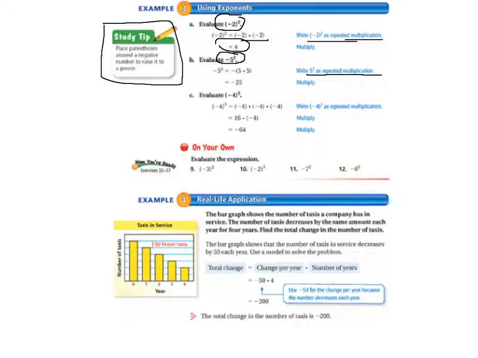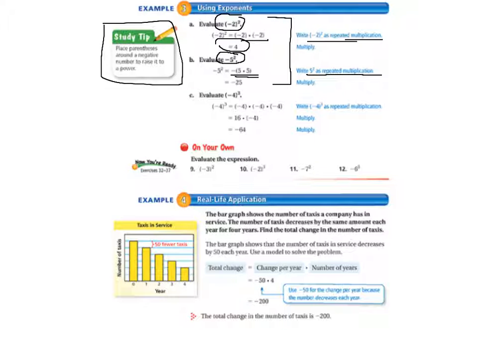So when we write 5 squared as repeated multiplication, we don't write each 5 in its own parentheses. We write them together and we put the negative sign on the outside. That's a very important distinction to make.